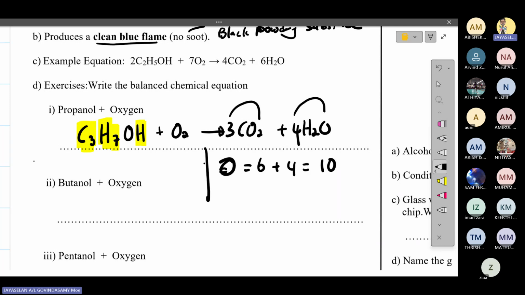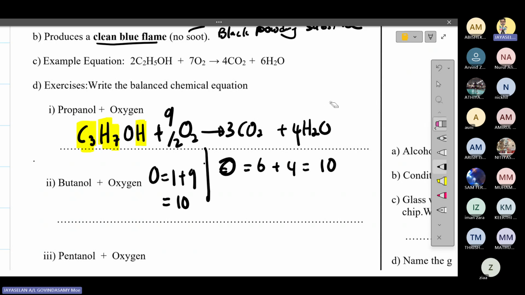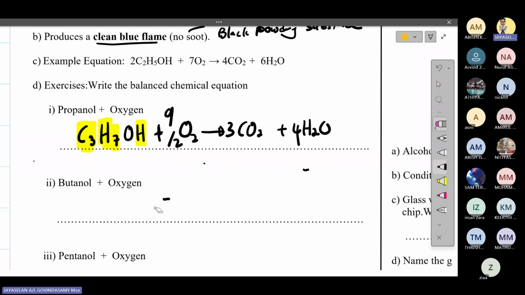Any question so far? Total 10, right? So how to get total 10 on the left hand side? Here I already have 1, so 1 plus 9 will be 10. So here you should get 9, so 9 over 2. Later you remove the fraction. Who got the answer like this?